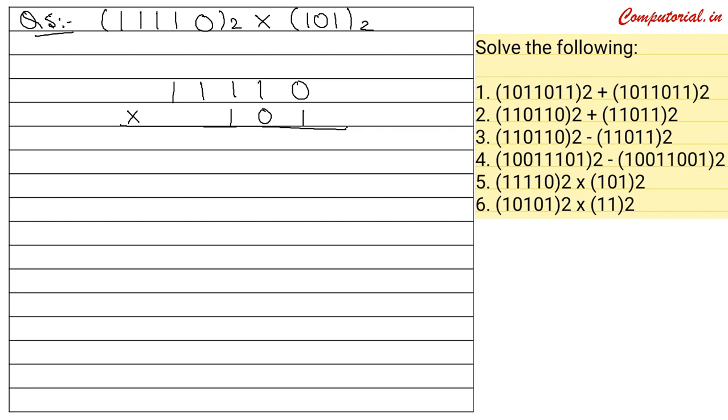So we have to use the simple rules of mathematics when we are multiplying it. First we are multiplying the above number with 1, so it will be as it is. Then in the second step we have to multiply the above number by 0, so it will be 0 5 times only. Then next we have to multiply the above number again by 1 because our last number is only left, that is 1. So the digits will come as it is.